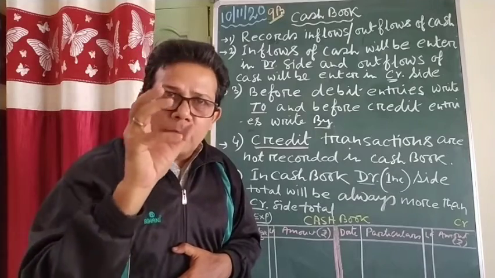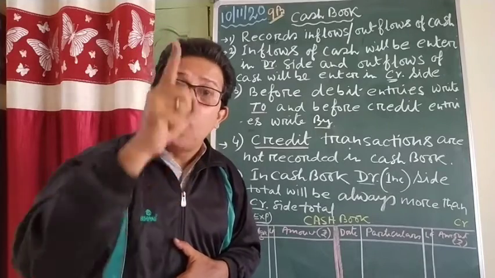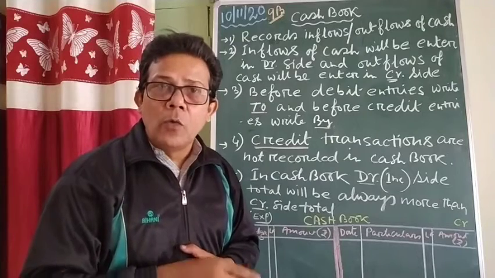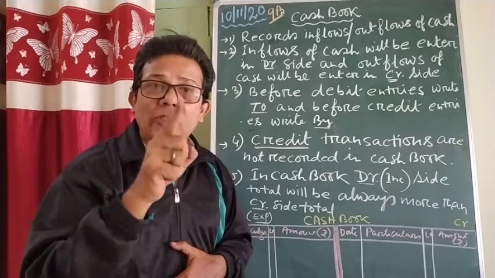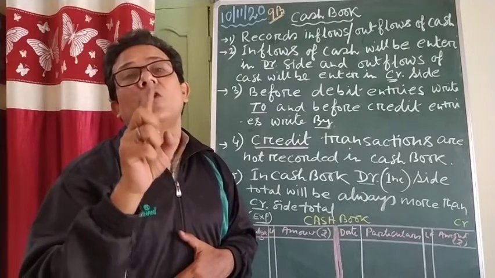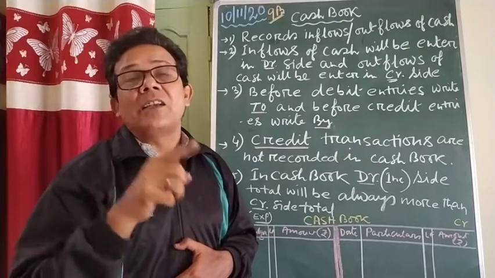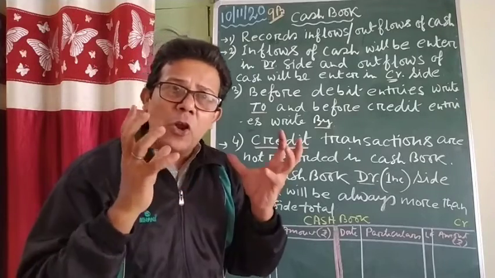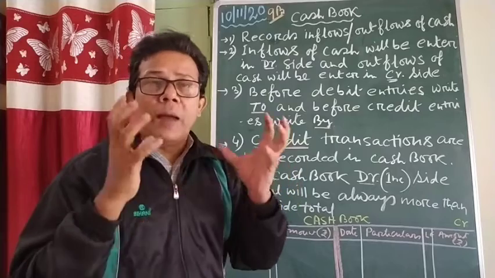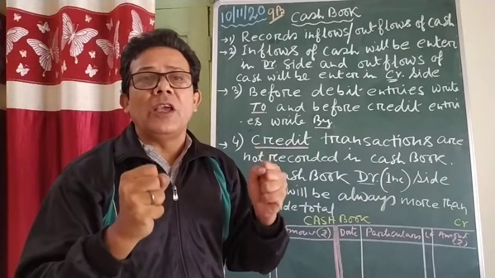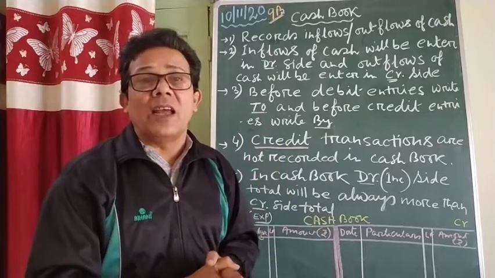Next, the total of the debit side of the cash book will always be more than the total of the credit side. Next, as per the law of the accounts, the total of the debit side has to be equal to the total of the credit side.